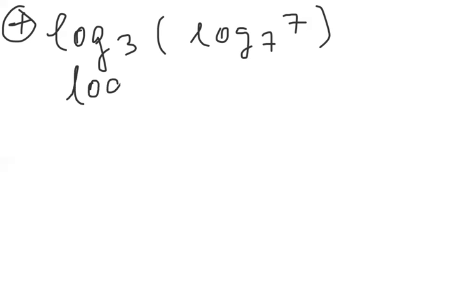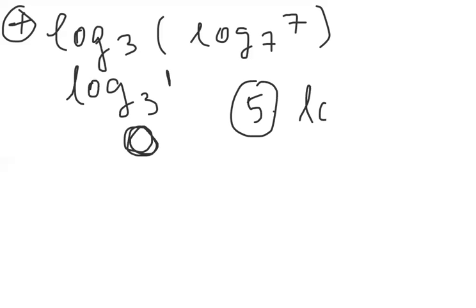What's log base 7 of 7? 7 to the what power gives you 7. That would be 1. Then you simplify this. 3 to the what power gives you 1. That would be 0. So that's the answer, guys. Did you get that one? Oh, look at you guys. You guys are like, I'm not sure I got that one.